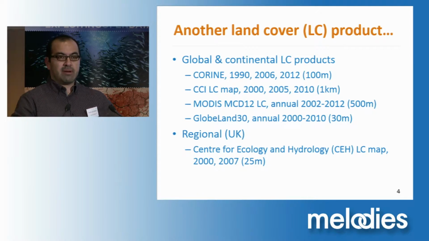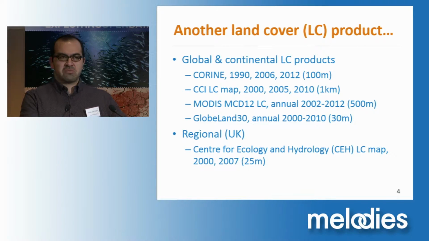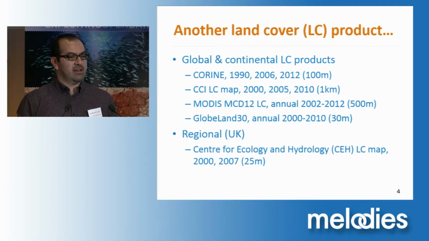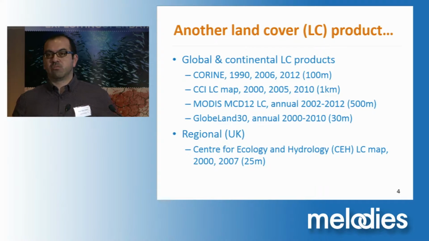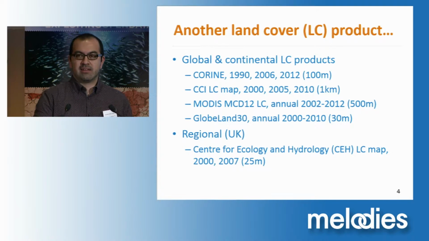We had several products produced at very high spatial resolution, 25 meters pixel size. Some were produced every year, and that was really great, but there was no product exactly fitting our needs. So we decided to develop our own.